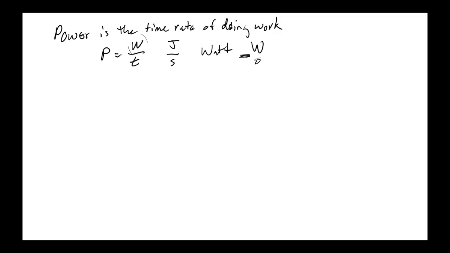Work is force times displacement. Force in U.S. customary would be, remember, weight is a form of pounds. That would be a pound, that's the force. And what would be the distance in U.S. customary? Foot. So this would be foot pounds, per second.